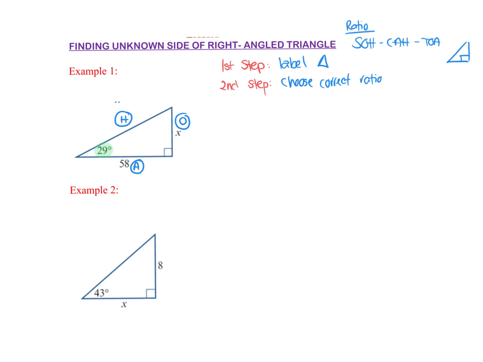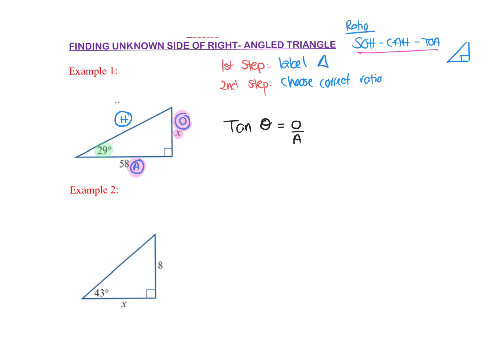You've got 58, and X is the one that we need. So we know we need one of the rules that has A and O in it. You look up at your SOHCAHTOA, and which one has A and O in it? Tan, good. So once you know what formula you've got, you write it out: tan theta equals opposite over adjacent.